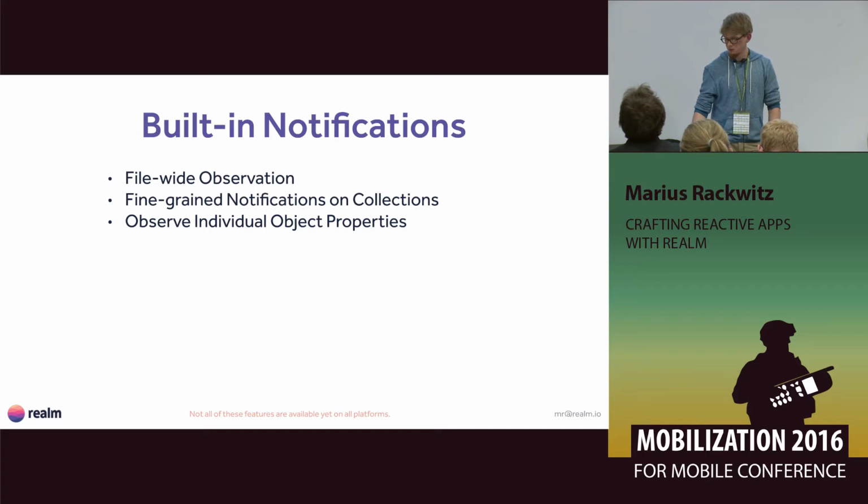And that's not even the finest level of granularity. It's even possible to observe individual object properties. So if I have, say, one person and I want to observe just the property name, then I would directly get an update with the name change.